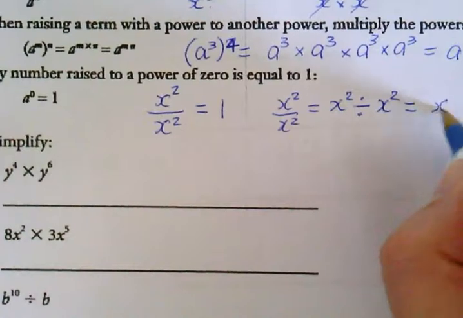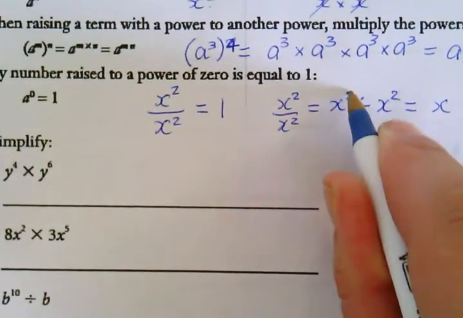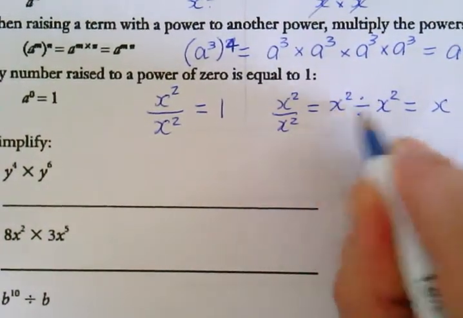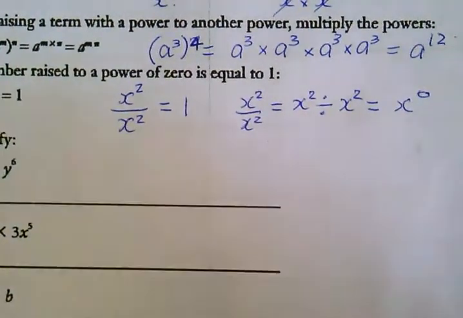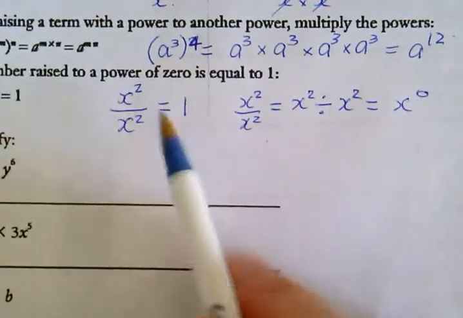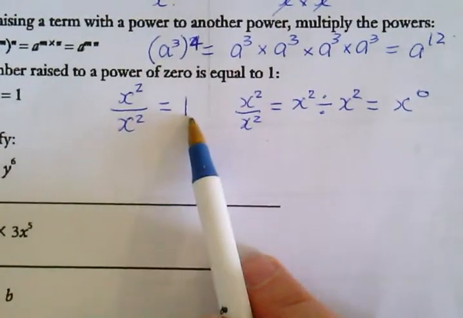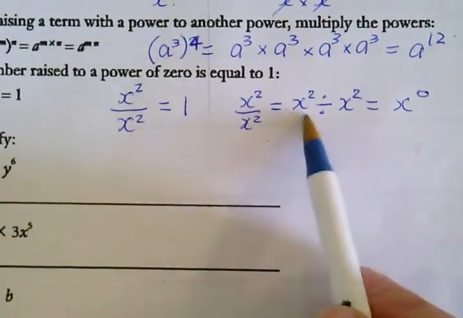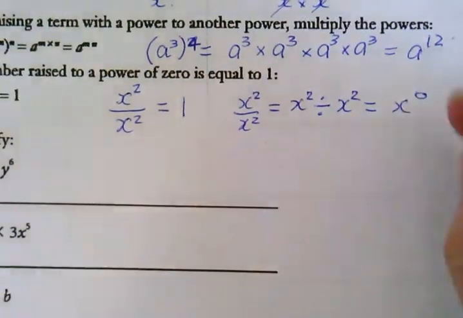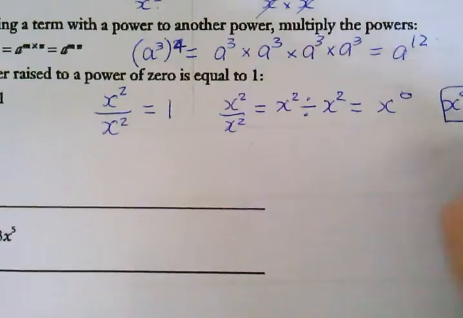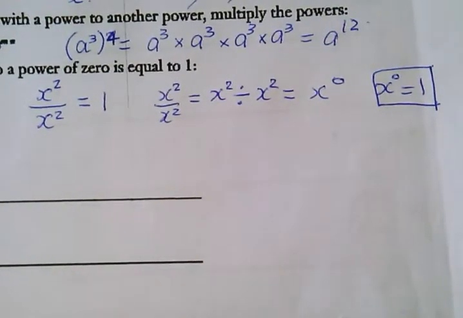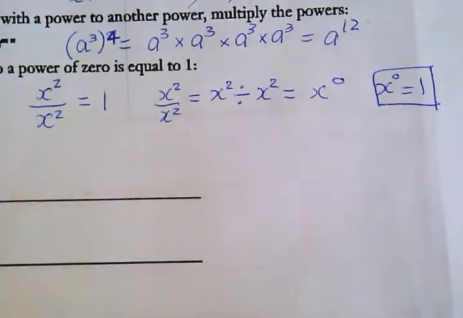And if the bases are the same, can't I just subtract the indices when dividing? 2 minus 2 is 0. Now, I've done the same question two different ways. x squared over x squared is 1, and x squared over x squared is x to the 0. That means that x to the 0 is 1. Okay? I've just done the same question two different ways, proving to you that x to the power of 0 is 1.